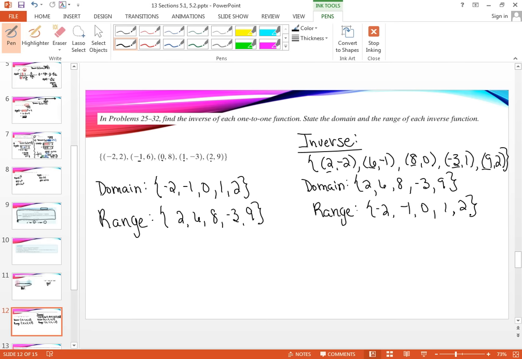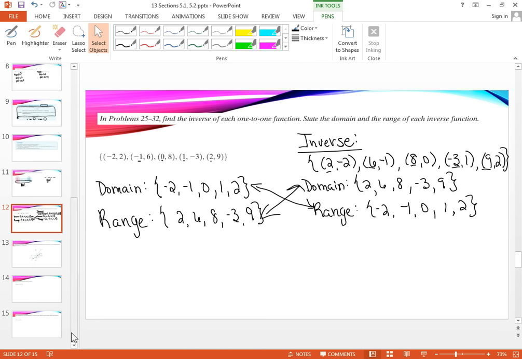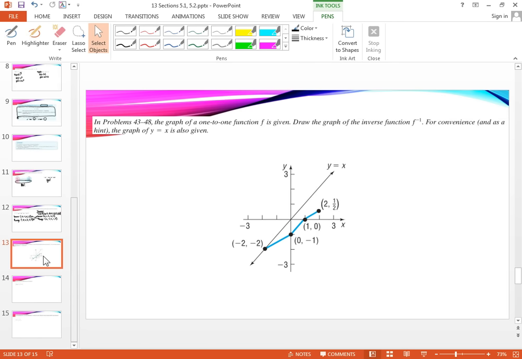So you see what happens? It literally switches the x's and the y's. Okay? The domain of the function becomes the range of its inverse. The range of the function becomes the domain of the inverse. Okay? All right. You can do it with a picture.